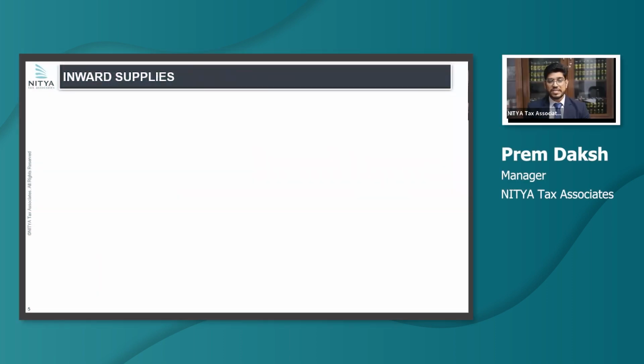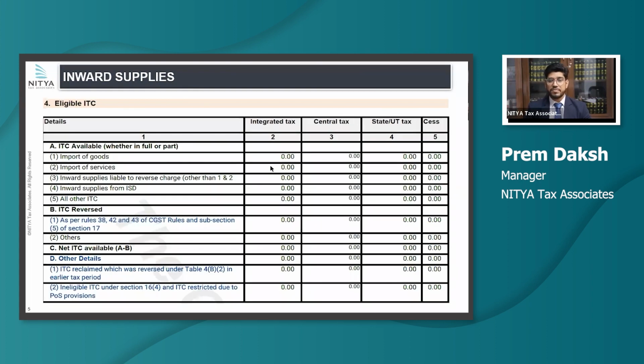Moving to the inward side reporting, that is ITC details. Here in table 4, we report our ITC details. There is no change in part A of table 4. However, structural changes are made in part B and part D of table 4. Let's quickly understand these changes.